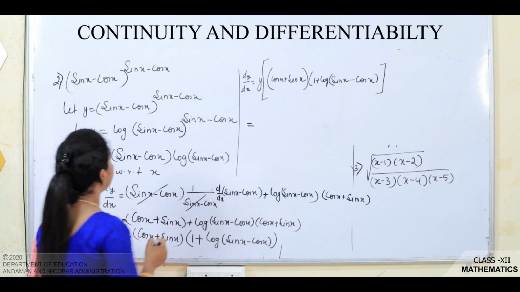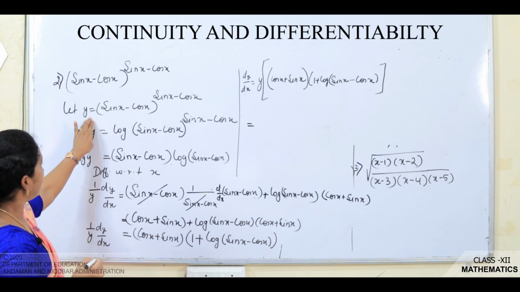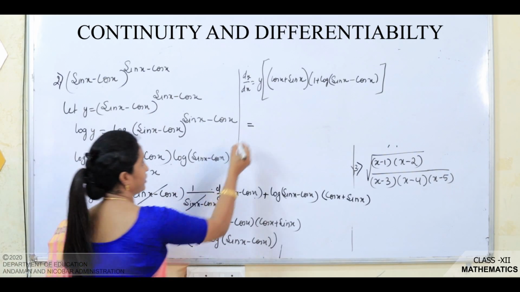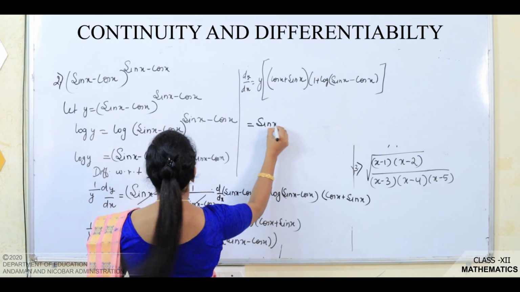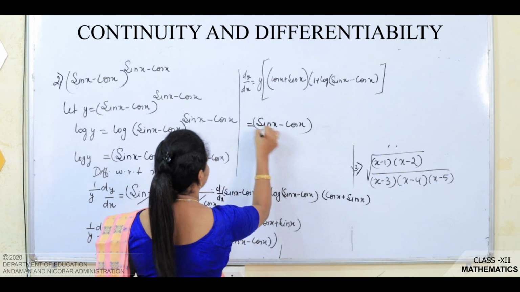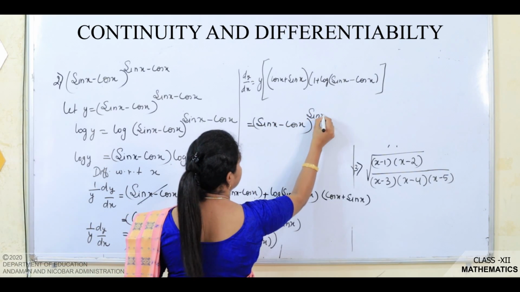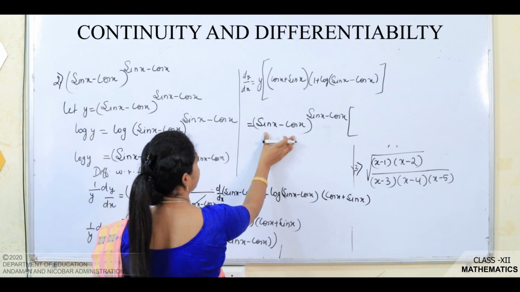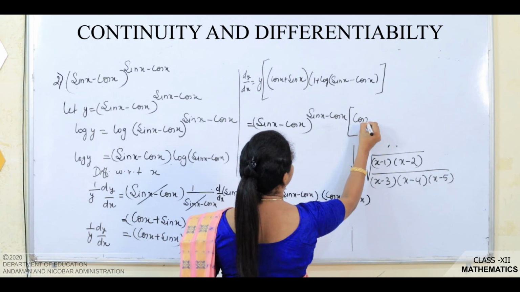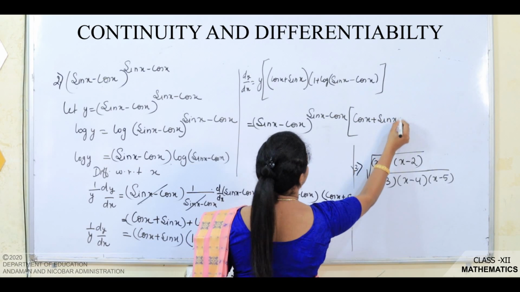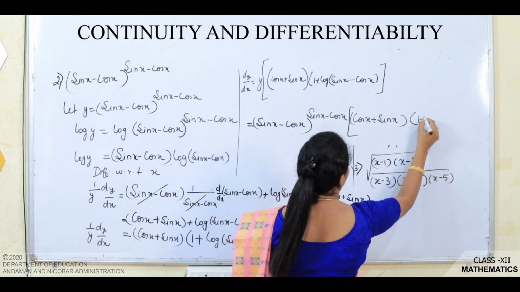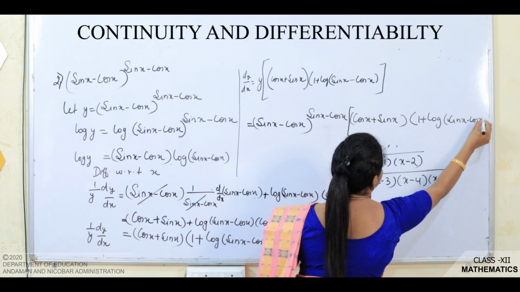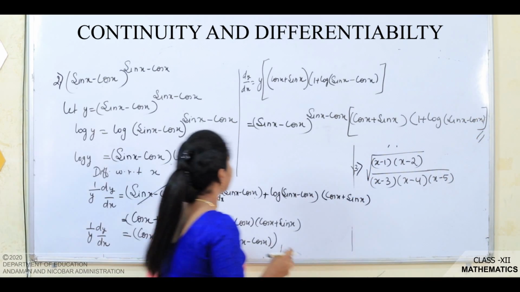Now you will replace y by sin x minus cos x to the power sin x minus cos x. So here it will be sin x minus cos x to the power sin x minus cos x into cos x plus sin x, you put the value of y, and finally you got the answer as sin x 1 plus log sin x minus cos x. I hope this question is clear.